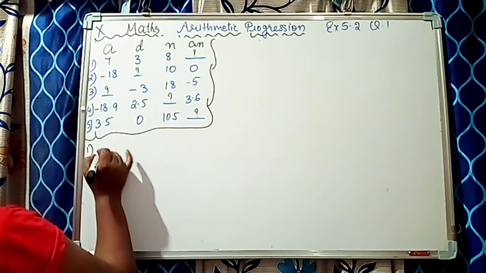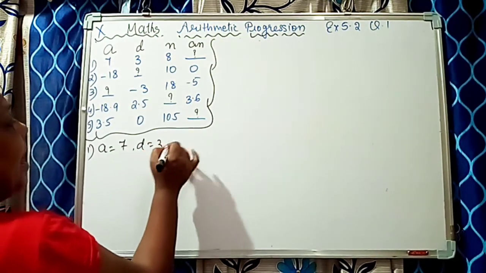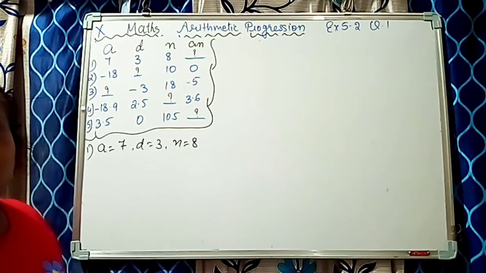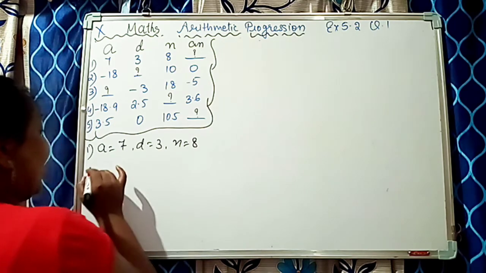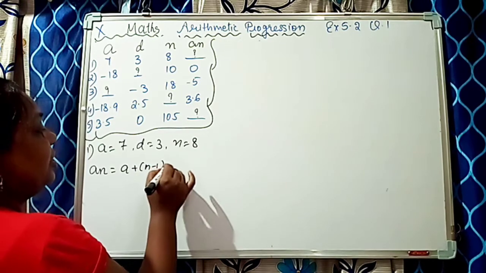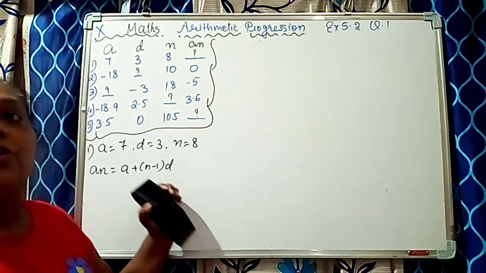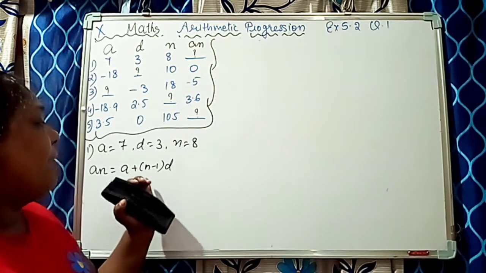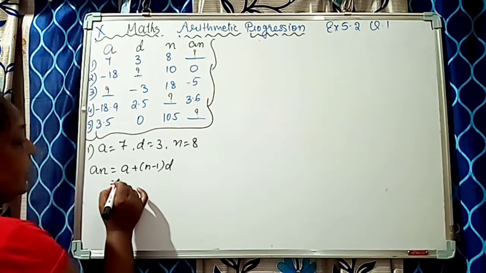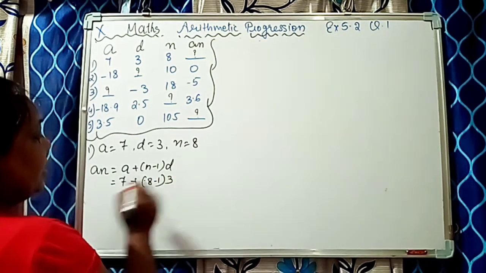So a, the first term, is 7. Here d is 3 and n is 8, and we have to find a_n. What is the formula of a_n? a_n is equal to a plus (n minus 1) d. So a is 7, n is 8 minus 1, and d is 3.